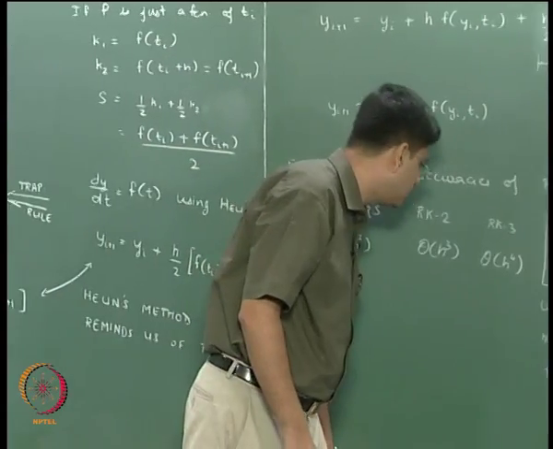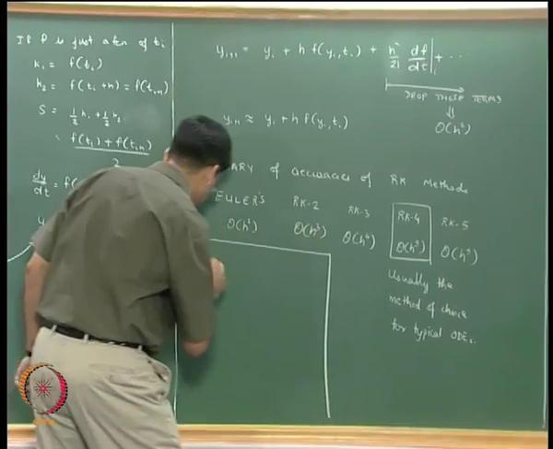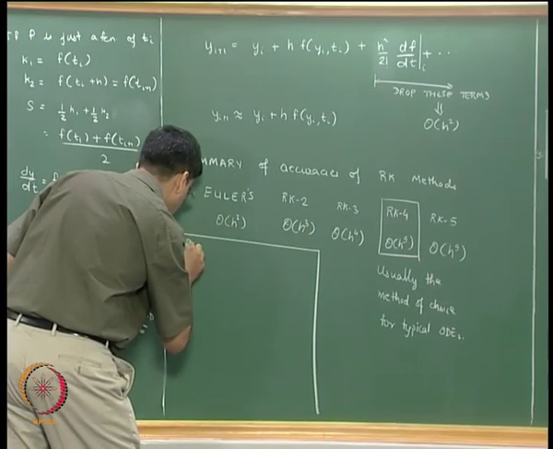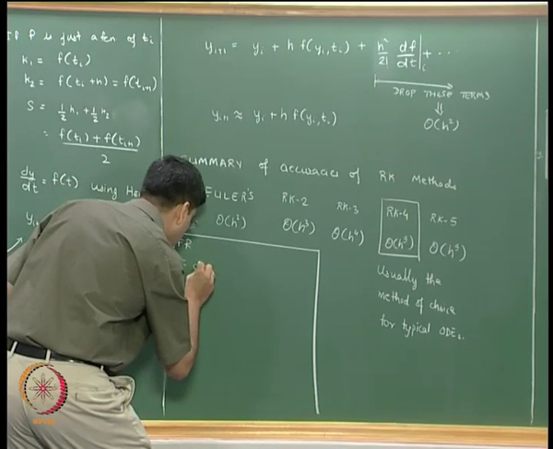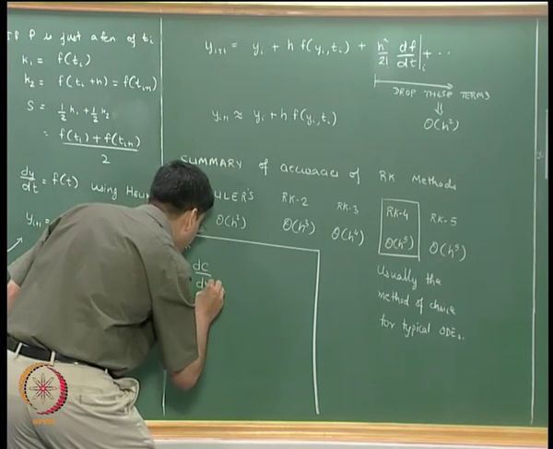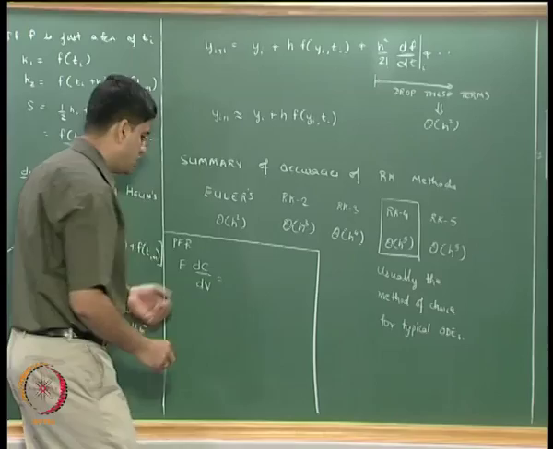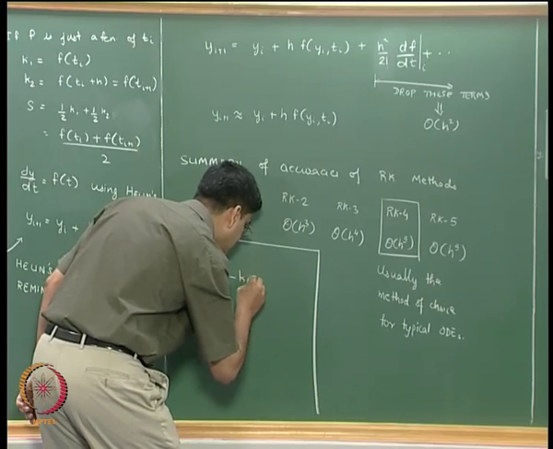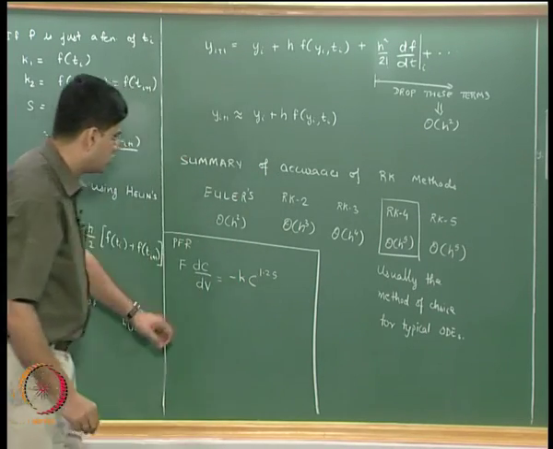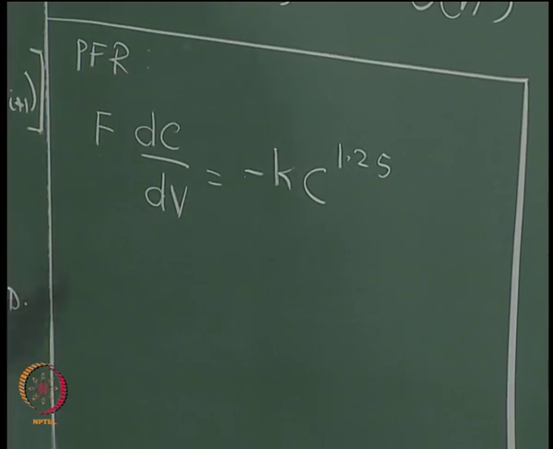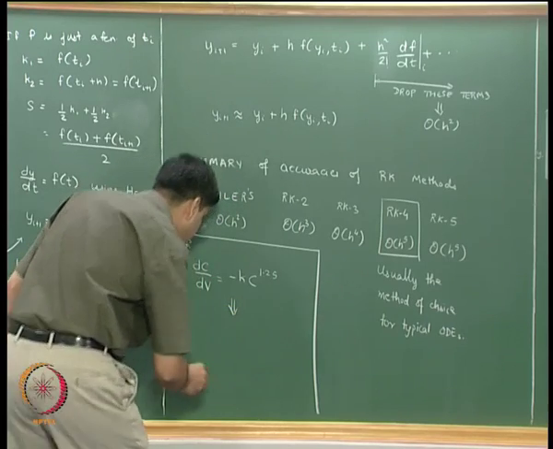The PFR problem, the design equation that we had solved, we had obtained a design equation based on the overall equation: dC by F multiplied by dC by dV, where F is the volumetric flow rate, that is going to be minus Kc to the power 1.25. Okay. So that was the overall expression, and then we converted that through straightforward techniques.